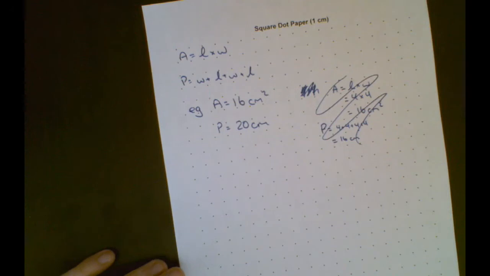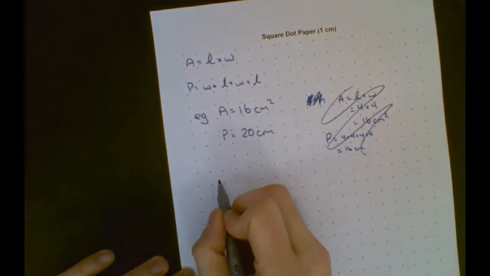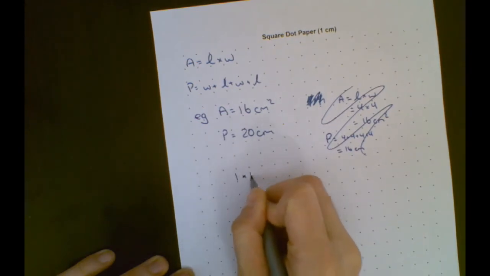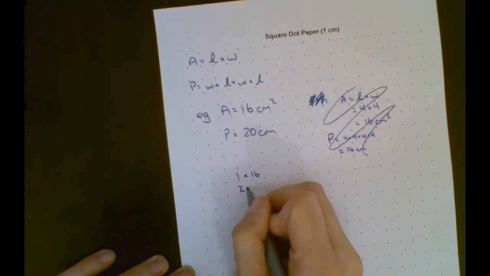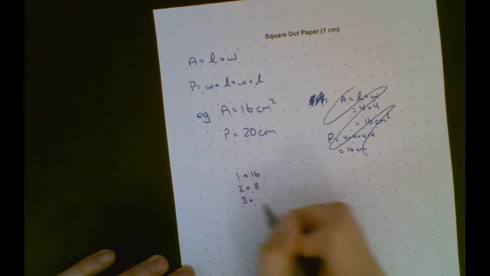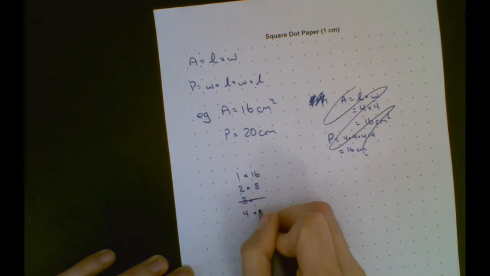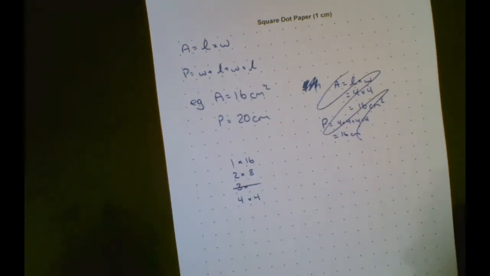We've already done all the rectangles for 16, but you need to be able to think, I know that 1 multiplied by 16 is 16. I know that 2 multiplied by 8 is 16. 3 doesn't work. 4 multiplied by 4 is going to give me 16.